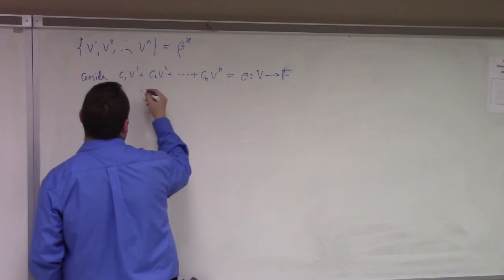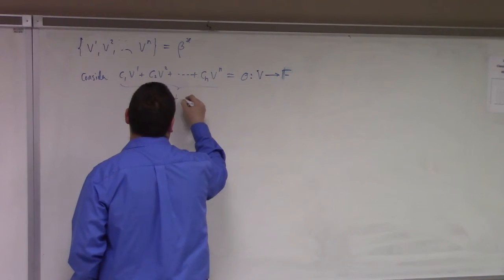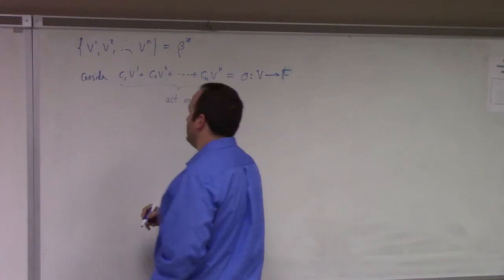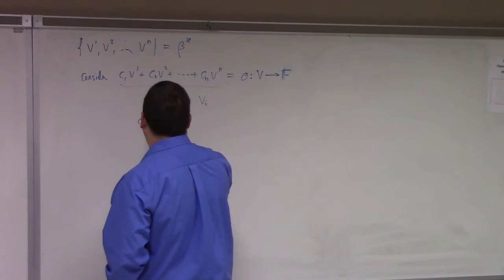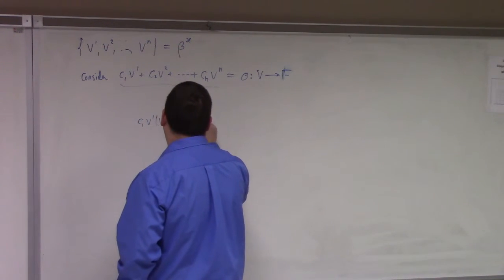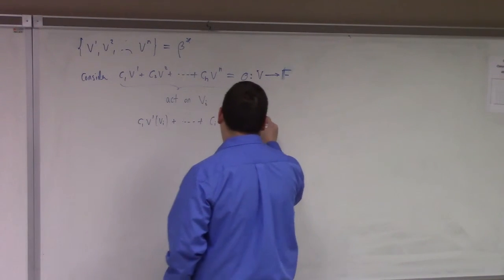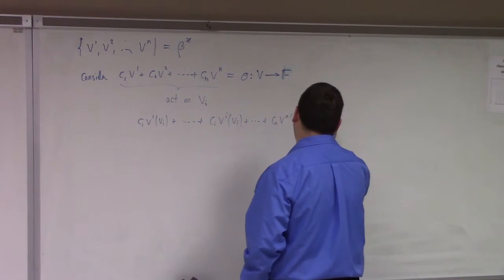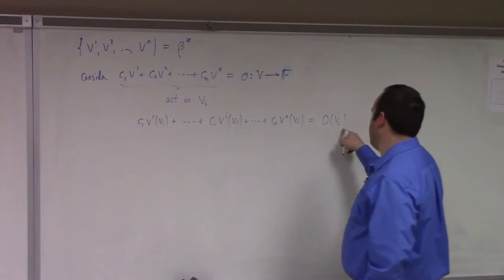So this, you just do what? How about this? Act on v sub i. What's that give you? Zero acting on vi, well, that one's easy.